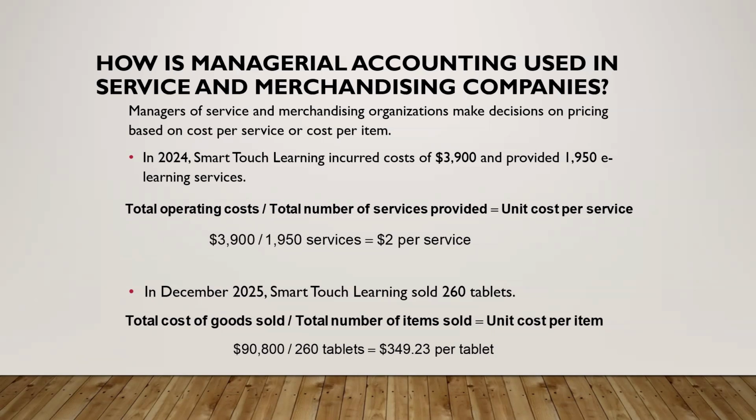So in December 2025, Smart Touch Learning sold 260 tablets. You have the total cost of goods sold divided by the total number of items sold equal your unit cost per item. You have $90,800 divided by 260 tablets equal $349.23 per tablet.